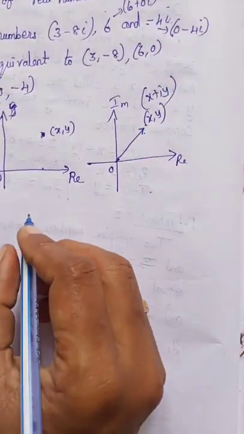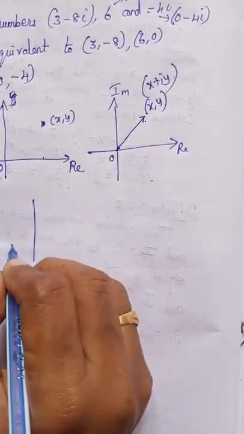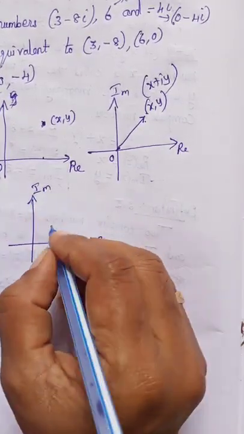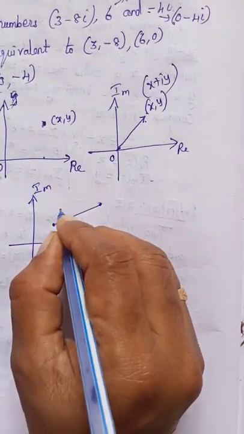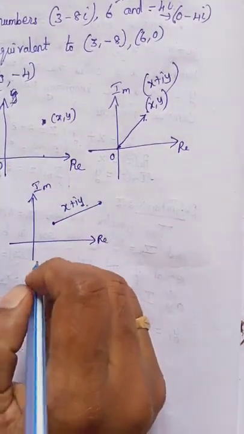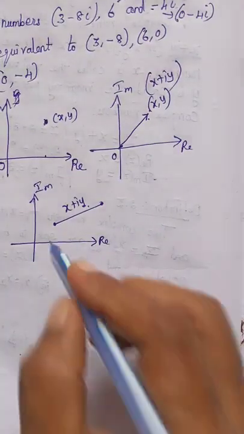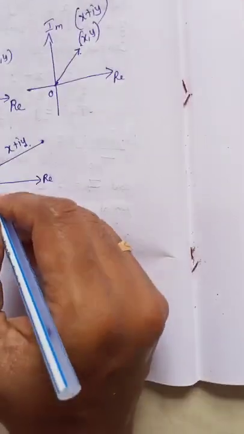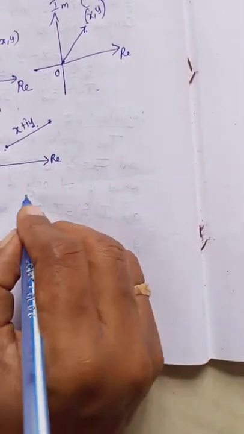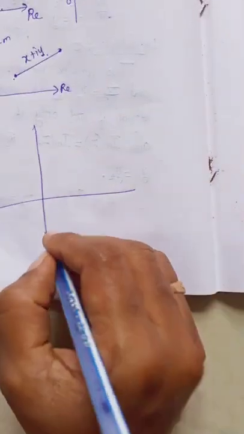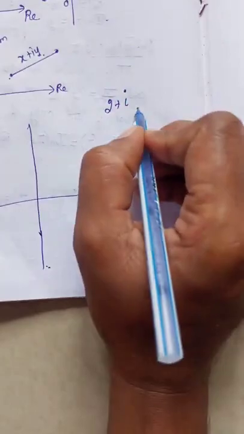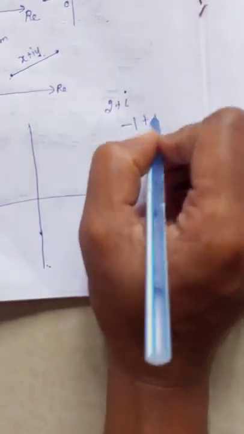If you are writing it as a vector, this we can call a point, and when we join two points... For example, say 2 plus i and minus 1 plus 2i.